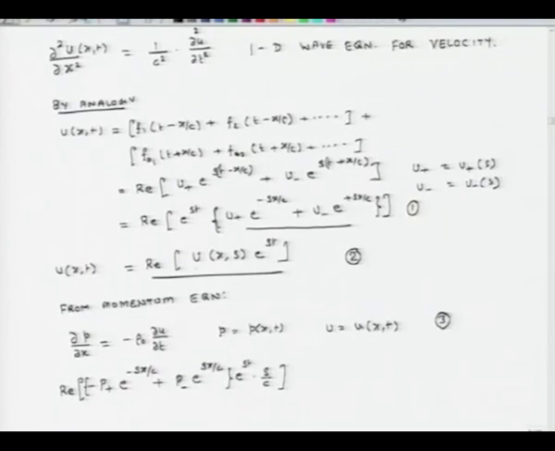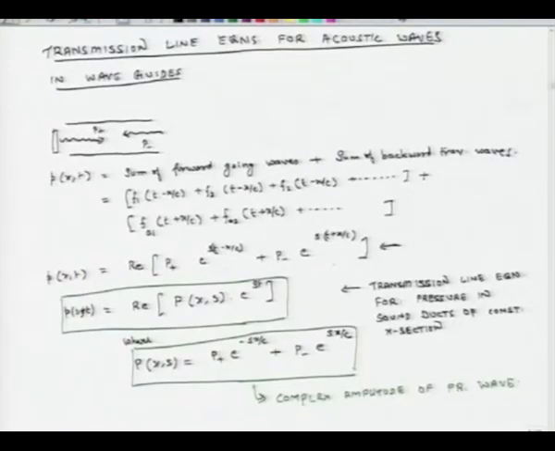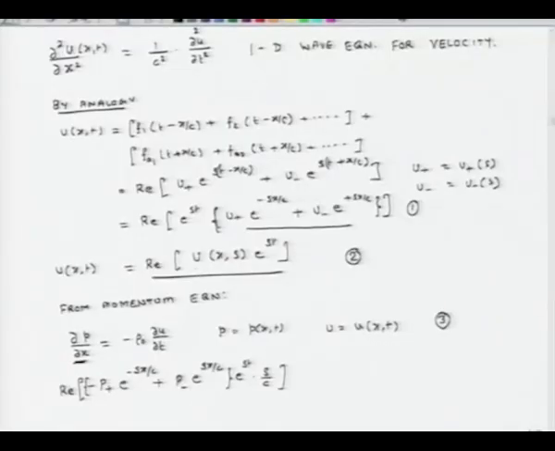So, what I just did here is that I took this relation for pressure, differentiated this relation with respect to x and plugged it into the left hand side of the momentum equation.